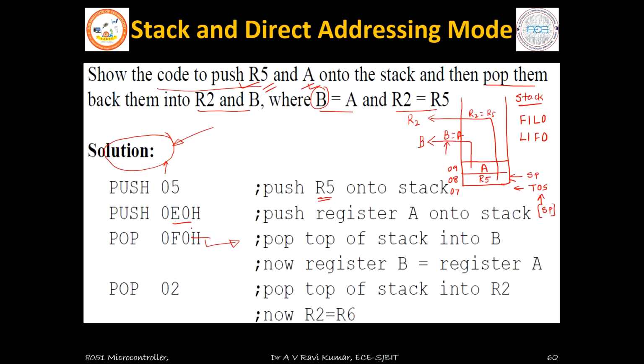The B register address, as we know, is F0H, so I use the pop instruction. Similarly, I need to pop the R5 content into R2, whose address is 02. This makes clear how the stack works, and how we can access the stack through addresses. Remember, push and pop work only with direct addressing mode.